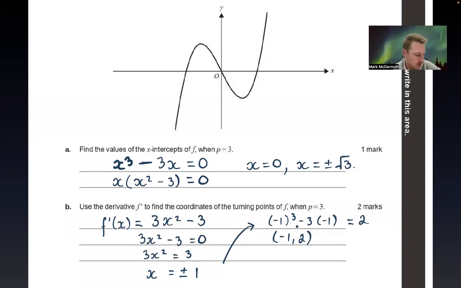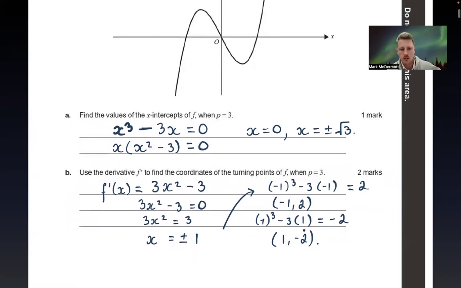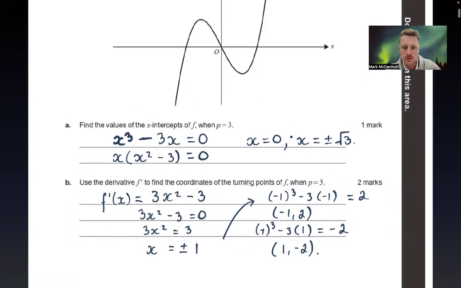What about +1? 1 cubed minus 3 times 1 is 1 minus 3, which is -2. So the other one is at 1, -2. I think that looks reasonable, because it all looks very symmetrical.